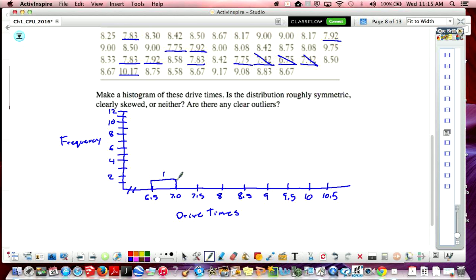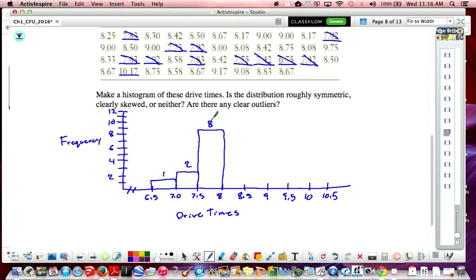I don't think I have any more. Now I want to look at the ones that are greater than 7 minutes, or sorry, 7.5, but less than 8. It looks like I have 1, 2, 3, 4, 5, 6, 7, 8. I hope I got them all. Of course, if I make a mistake, I'll just erase and make the correction, because even I make mistakes.